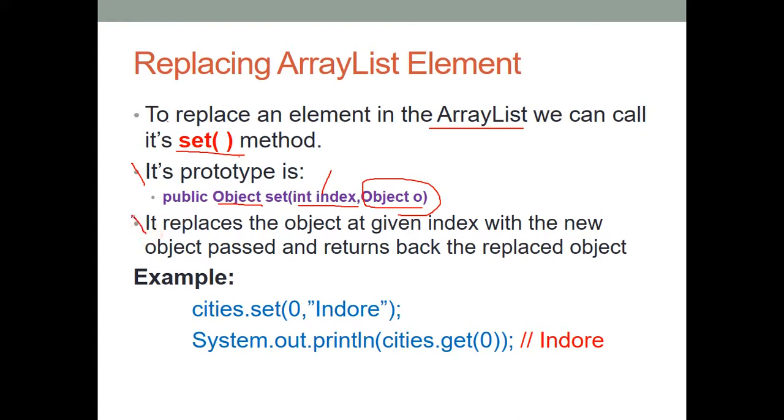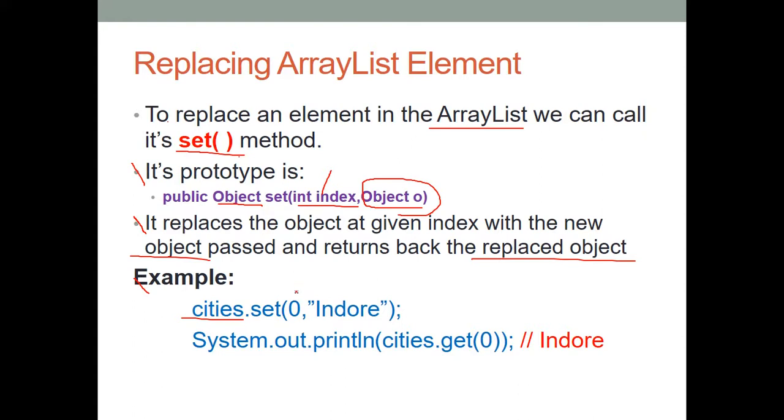It replaces the object at the given index with the new object passed, and returns the replaced object. So whatever is removed from the collection, it will return to you. For example, how can you use it? You have a cities ArrayList and cities.set at position 0.